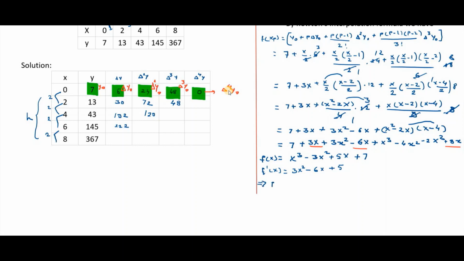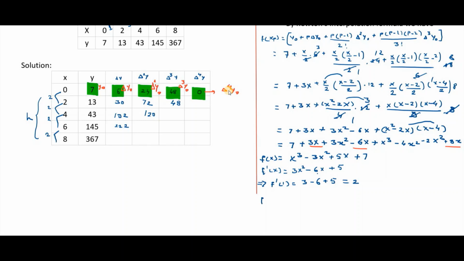That implies f dash of 1 is equal to, put x is equal to 1 here, so 3 into 1 is 3 minus 6 into 1 is 6 and plus 5, and total you will get this is equal to 2.